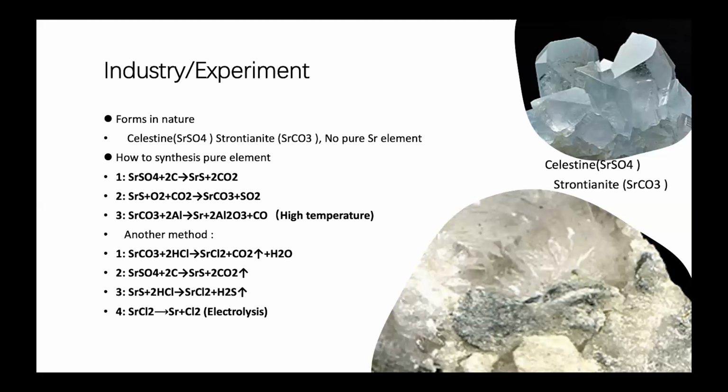Another method is the electrolysis method. We use strontianite reacting with acid, for example hydrochloric acid, and also we can react celestine with carbon to get strontium sulfide, and strontium sulfide reacts with hydrochloric acid to get strontium chloride, and for strontium chloride we use the electrolysis method to get pure strontium, but this method is really energy costly.